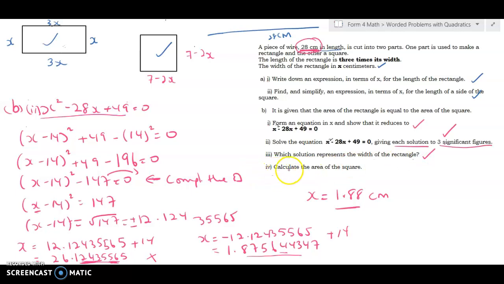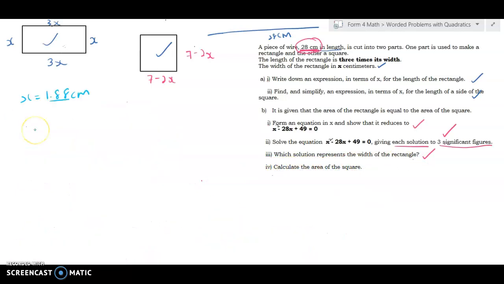Now, lastly, let's move on to calculating the area of the square. So in B part 4, it asks for the area of a square. The area of any square will actually be side by side. The area of our square will be 7 minus 2x by 7 minus 2x, which is the same as 7 minus 2x squared.